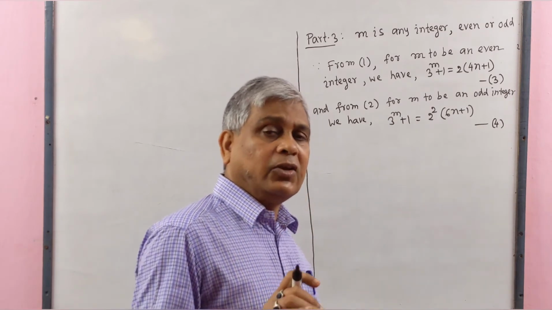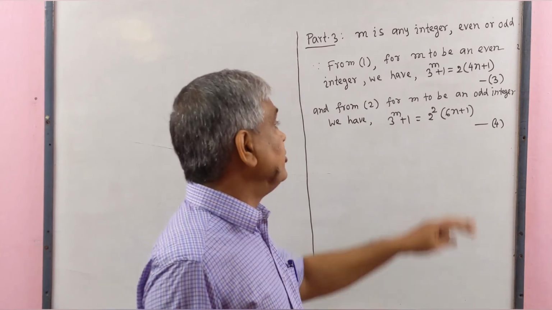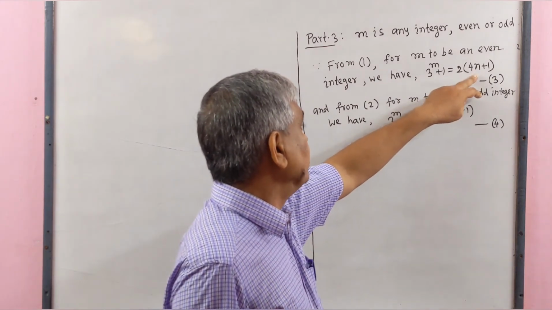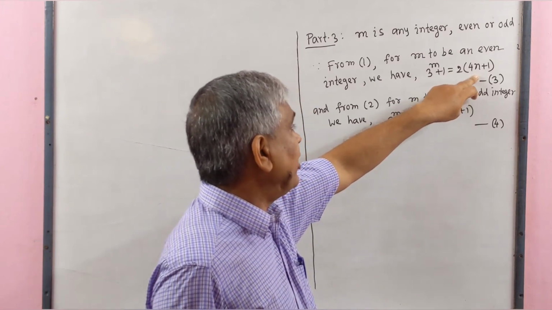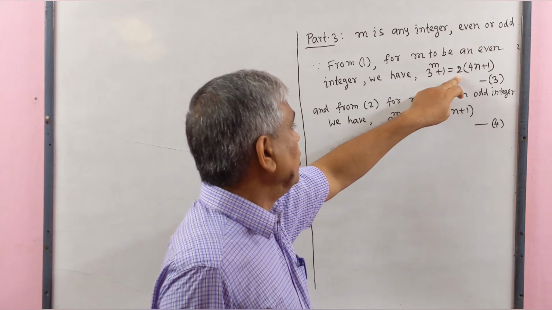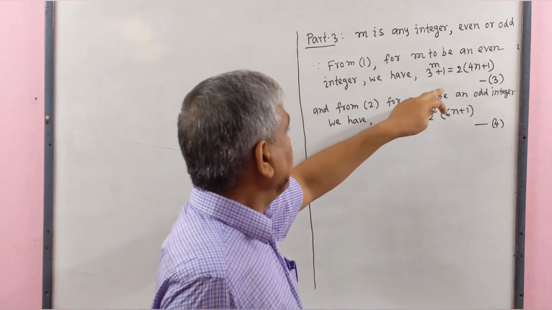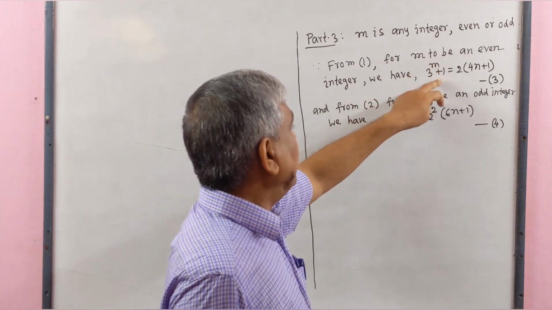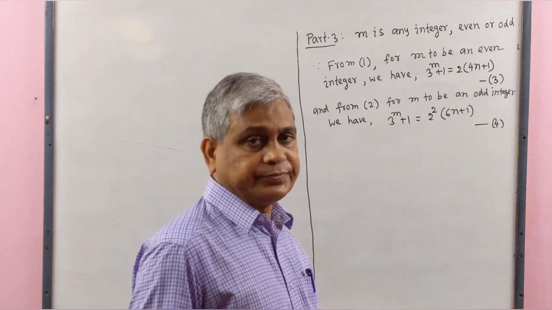If 4n plus 1 is not divisible by 2, then the maximum power of 2 will be 1 for 3 to the power m plus 1.